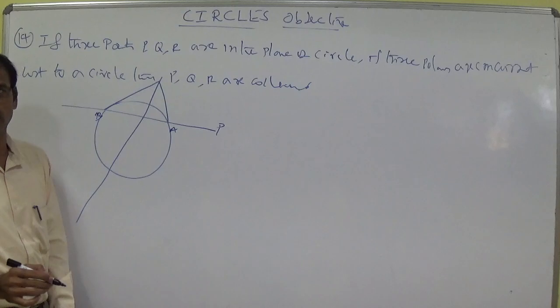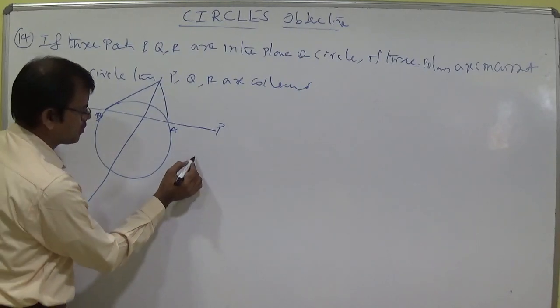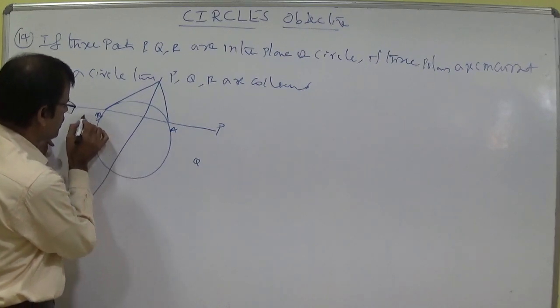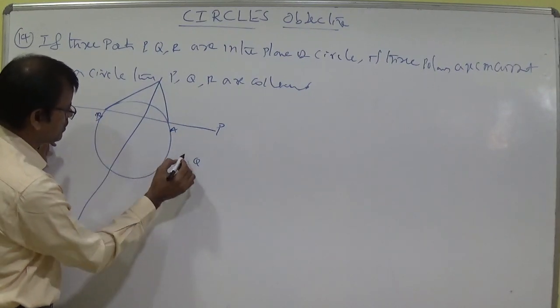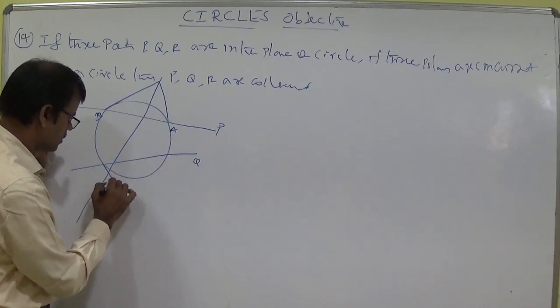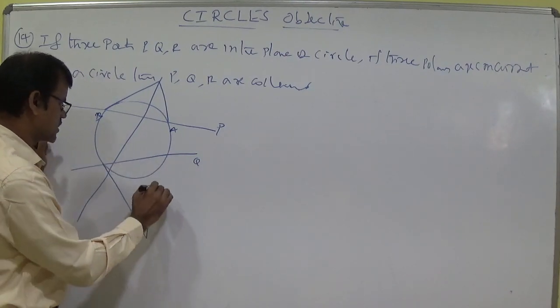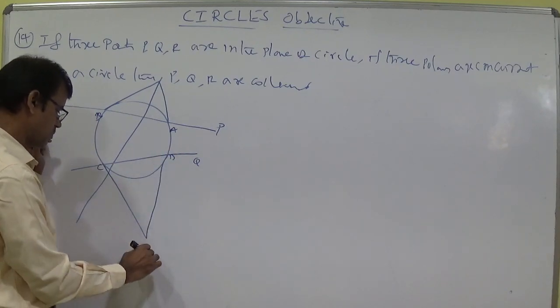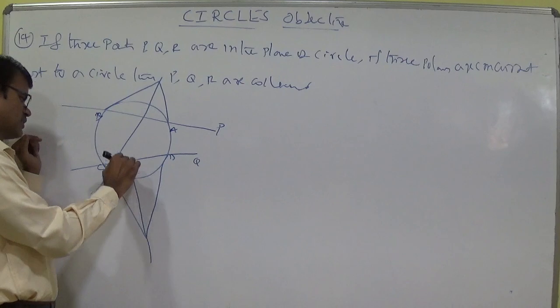In a similar way, you take another point Q. Draw a line through it and tangents at the extremities of the chord, C and D. This is a polar, draw like this.